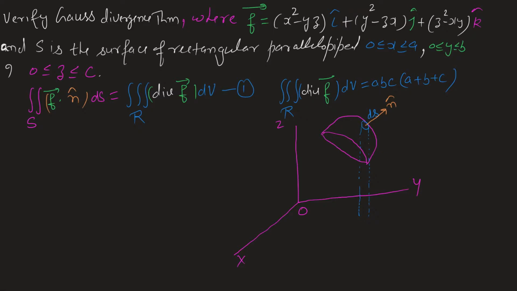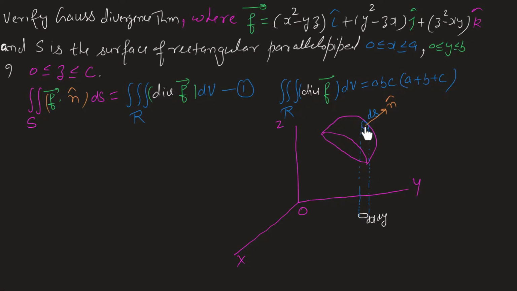So this is the projection in the xy plane, and it will have an area given by dx dy. Now to see how this projection is done, we know that if we find the angle between the surfaces, then ds cos of that angle will give the projected surface in the xy plane. But we know that the angle between the surfaces is equal to the angle between their normals.